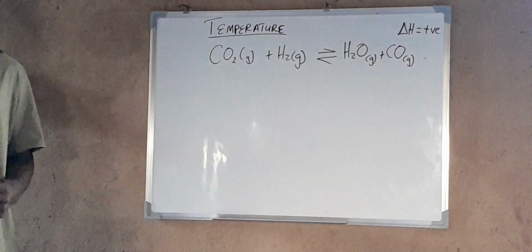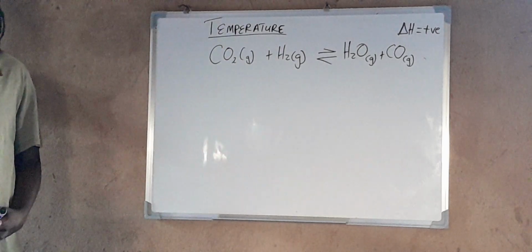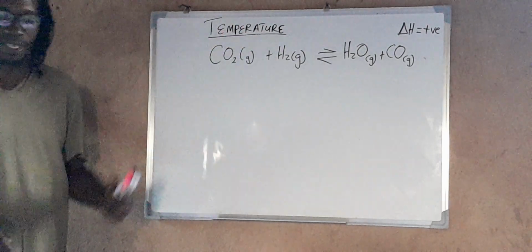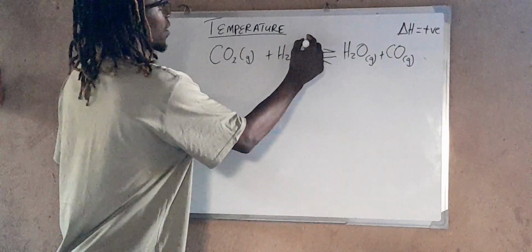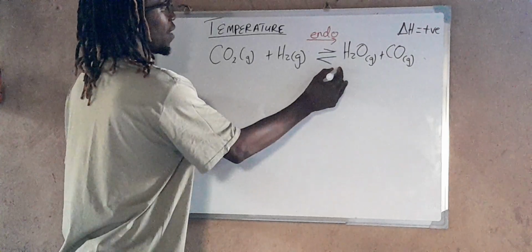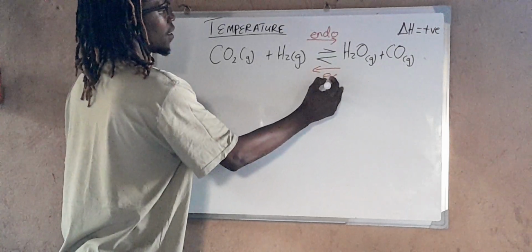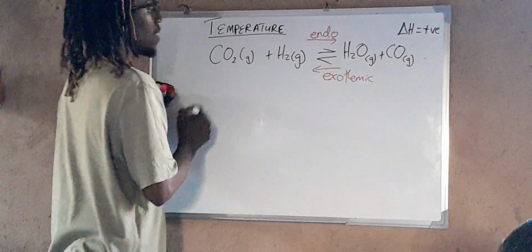So what is the meaning of this? What is the direction, the forward direction there, according to what you wrote? The forward direction is endothermic. So going forward it is endothermic, and going backwards is exothermic.